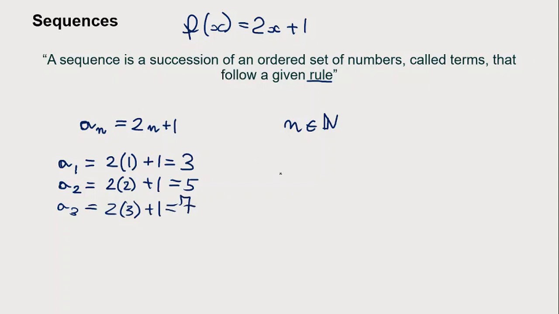So this generates a sequence which is 3, 5, 7. If we were allowed to carry on iterating further, we would probably have 9, 11, 13, etc., until a point when we stop iterating, or when we cannot iterate any further.